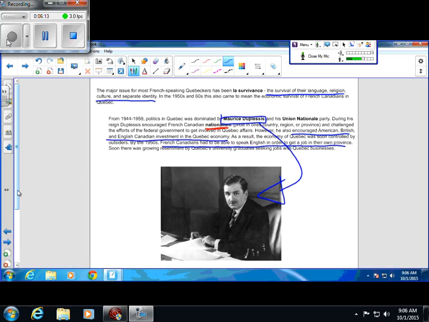Soon there was growing resentment by Quebec's university graduates seeking jobs in Quebec businesses. Although Duplessis pushed for nationalism, he was still pushing for terms that were influenced by the English. It was still controlled by the Catholic Church, and he still had points of view like an English society that he started to build in Quebec.